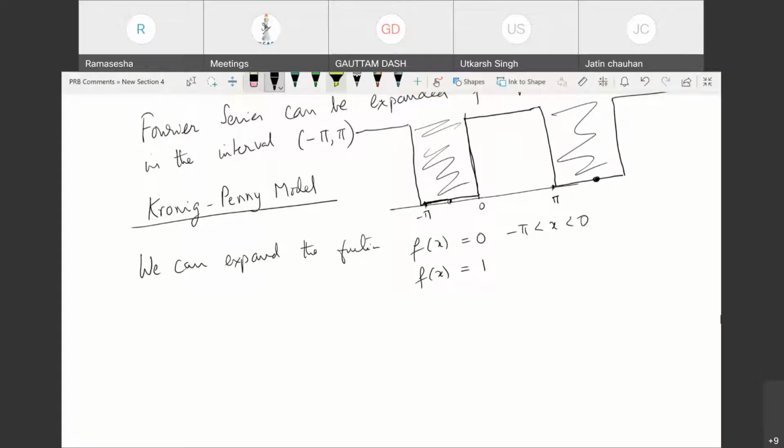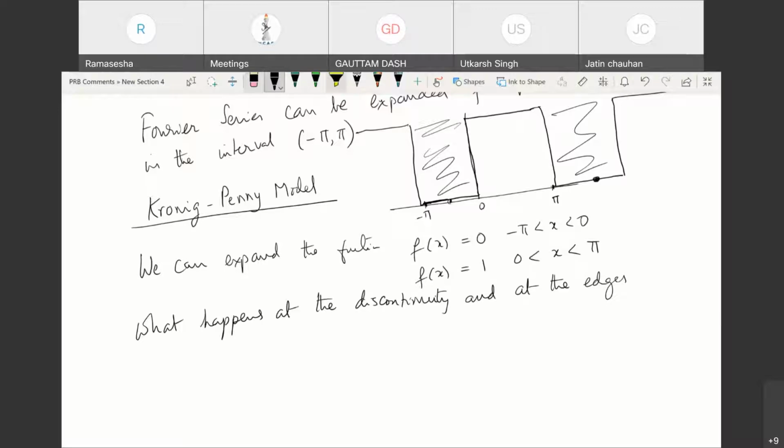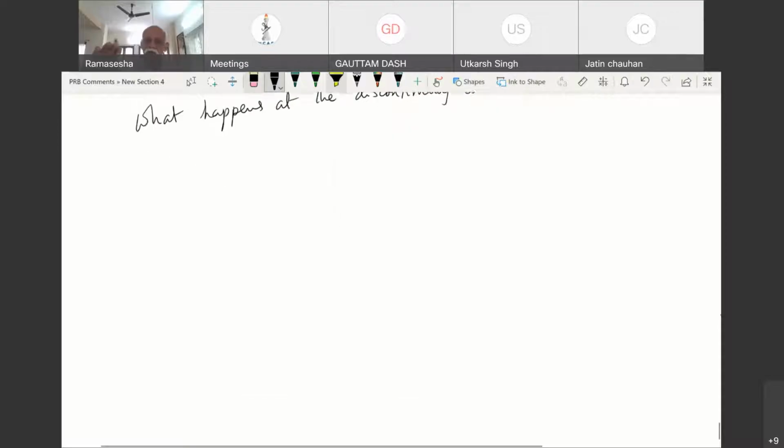So discontinuity is interesting. The Fourier series can be summed at the discontinuity. So what happens is like this.